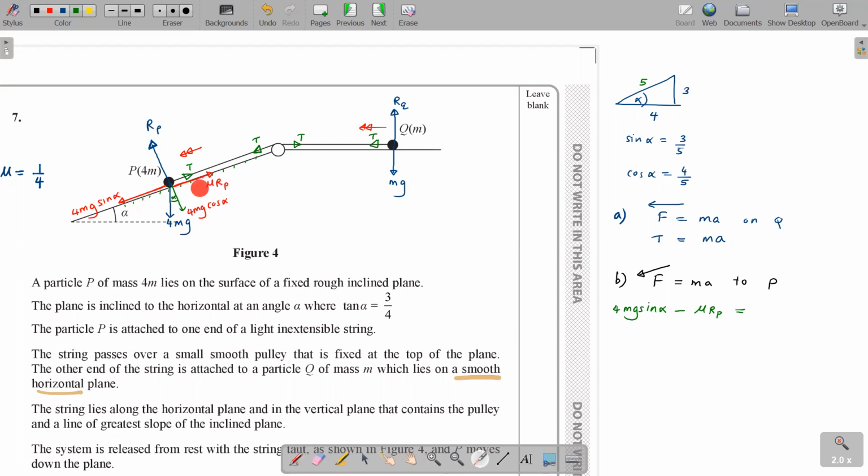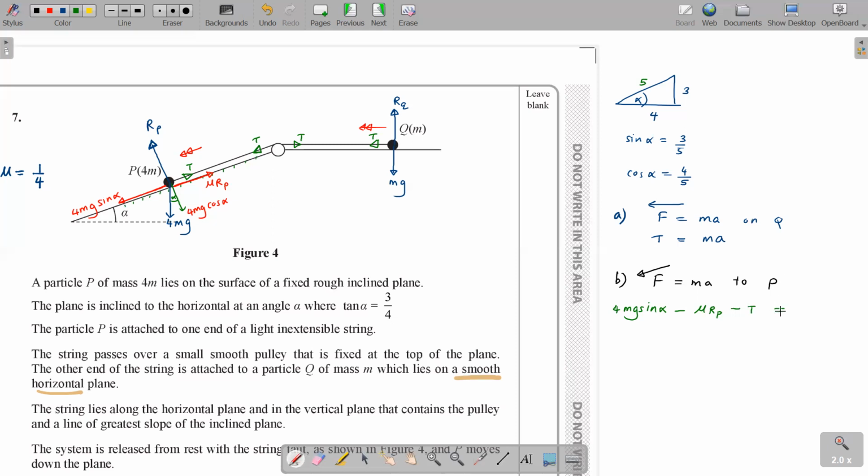No, there's another one. 4mg sin alpha is acting downwards, mu R is acting up. Who else is there? There's the tension, and that's also minus because it's also opposing the direction of movement. Okay, so those are the forces along the plane that we have.